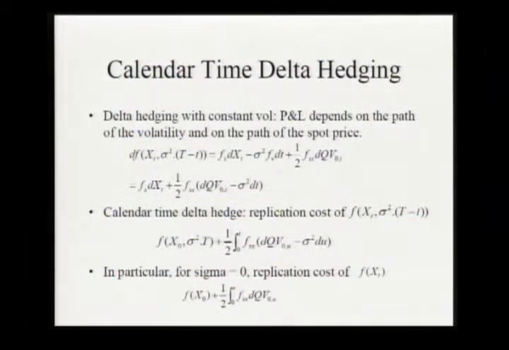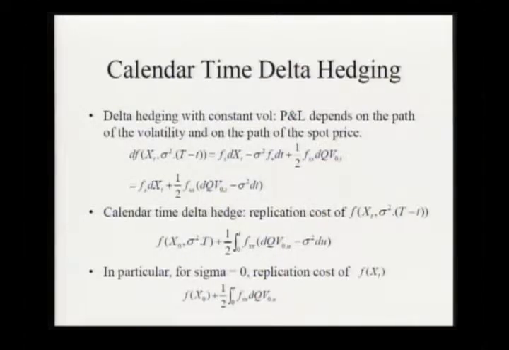Now the classical calendar time delta hedge that you all know: if you hedge with a certain volatility sigma, when you apply Ito to this function here, you find the delta hedge, what you lose through the theta, and what you gain through the gamma.